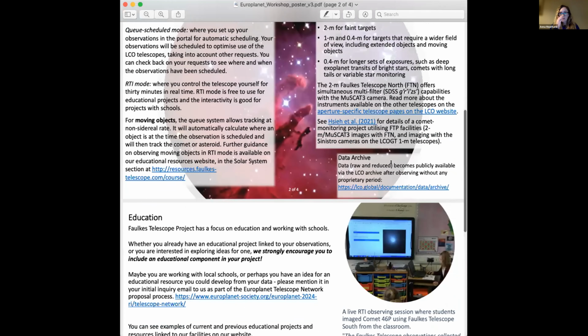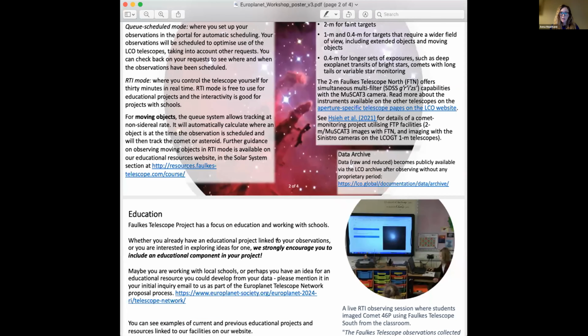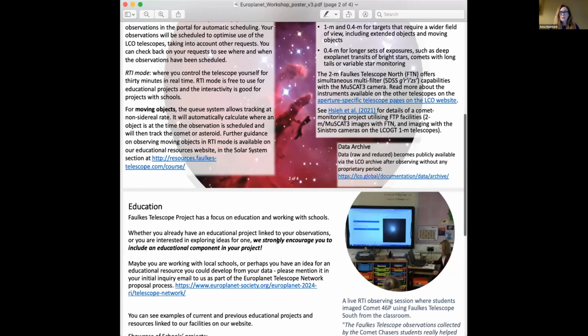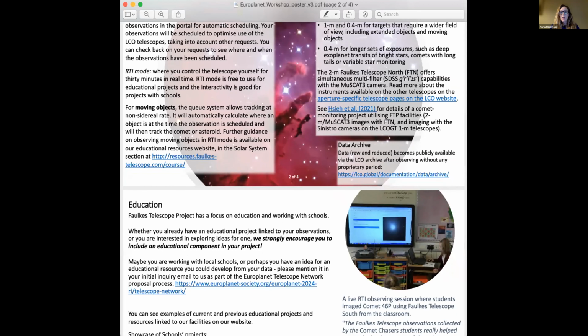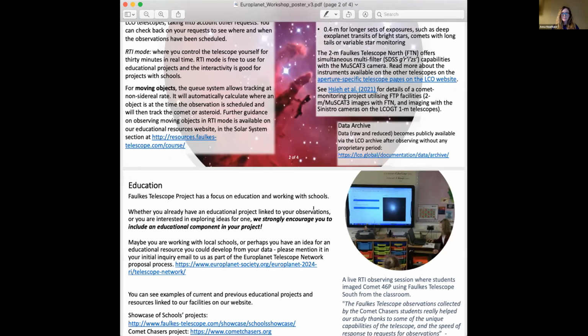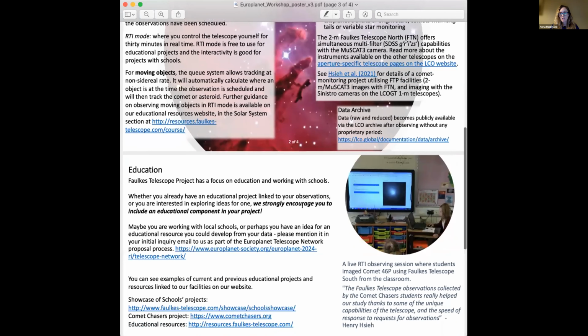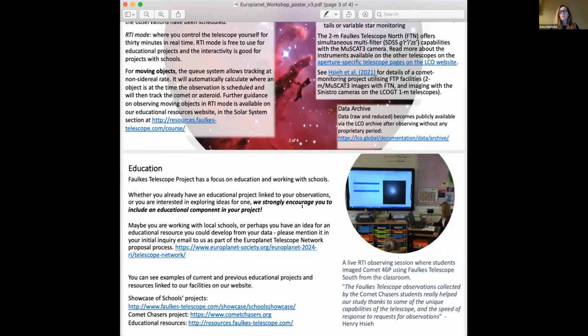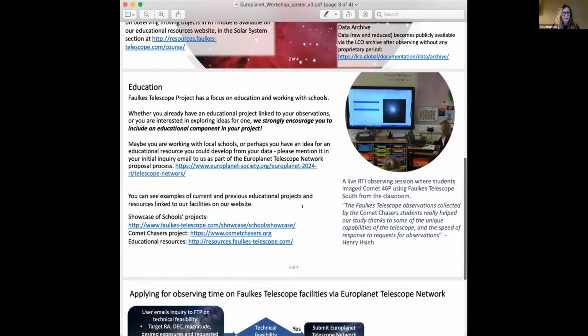The Faulkes Telescope North has simultaneous multi-filter capabilities, and there's CCD imaging on the other telescopes and also a spectrograph. Note that because the Faulkes time on the LCOGT network is for education, the data becomes immediately available in the archive after the observations, both raw and reduced data.